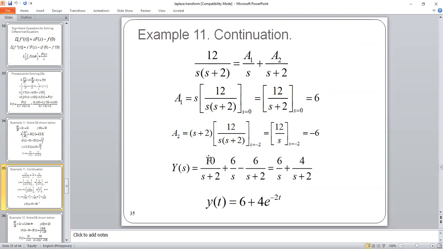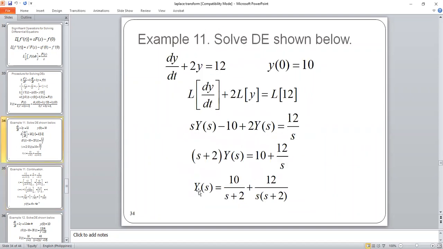We combine the 10 over s plus 2 and -6 over s plus 2 to give us 4 over s plus 2. And after inversion, you will have this as your answer. Okay, that's it. So you only perform the inverse method of partial fractions to this one. This one can be inverted right away.